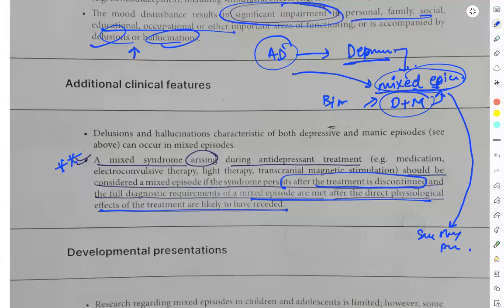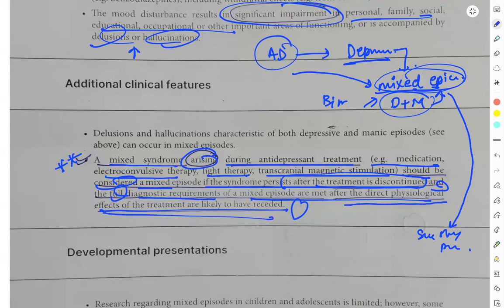It says that a mixed syndrome arising during antidepressant treatment, for example medication, electroconvulsive therapy, light therapy, transcranial magnetic stimulation, should be considered a mixed episode if the syndrome persists after the treatment is discontinued and the full diagnostic criteria of mixed episodes are met after the direct physiological effects of the treatment are likely to have receded.